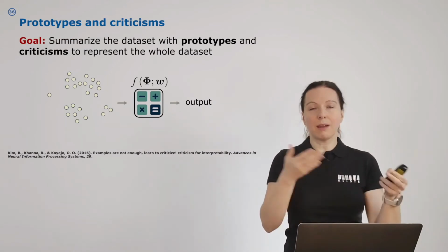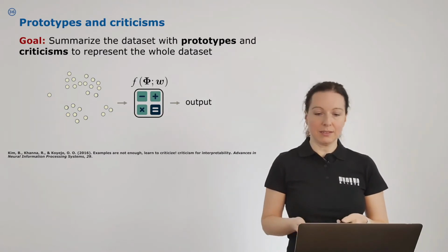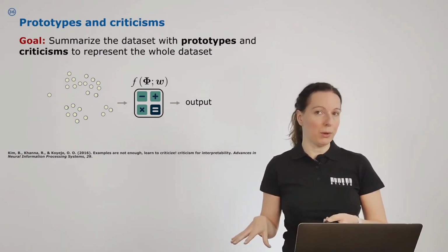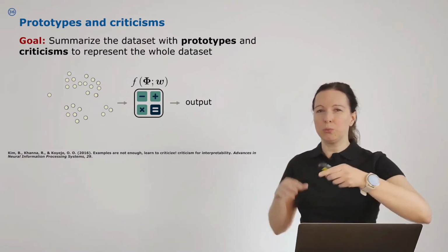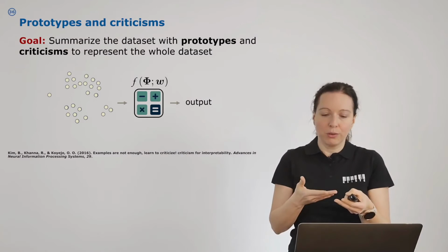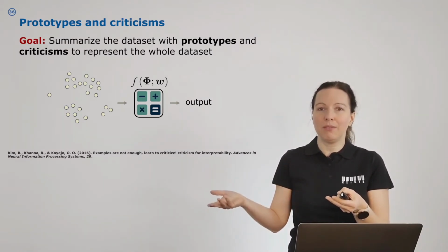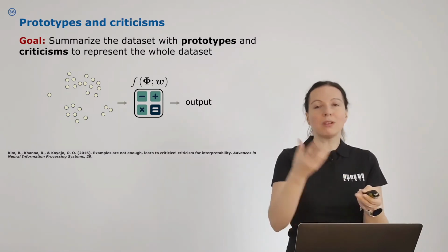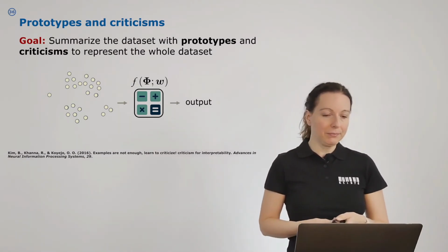Together, the prototypes and criticisms serve as a proxy data set to understand the decisions of the model. So instead of randomly choosing the data samples to analyze the model behavior, you can use prototypes and criticisms as representative samples.